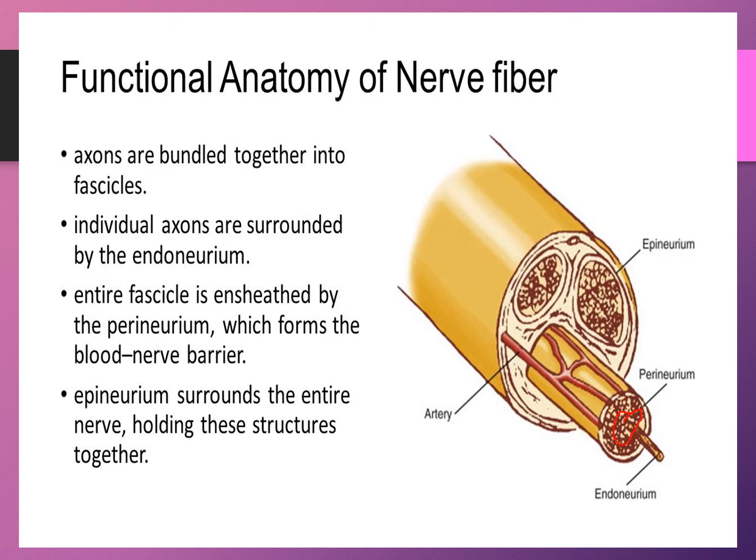An individual axon is surrounded by the endoneurium, and the entire fascicle is ensheathed by the perineurium, which serves as the blood-nerve barrier. And the epineurium surrounds the entire nerve, holding these structures together.